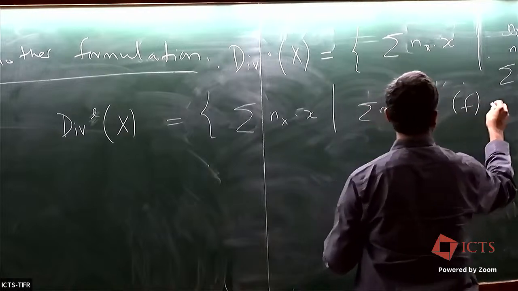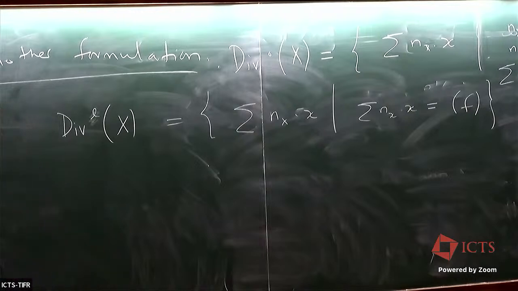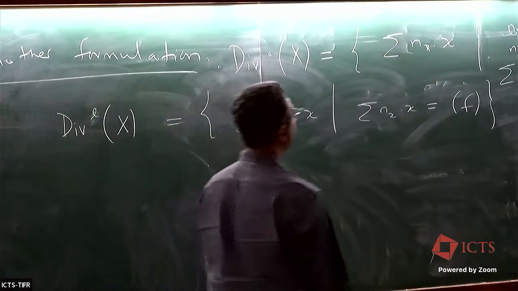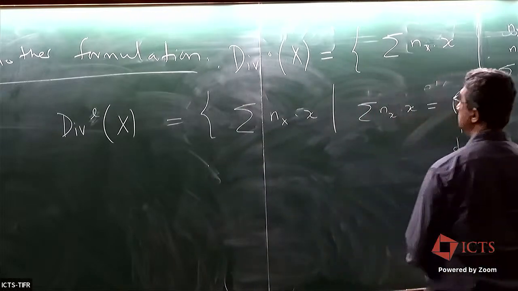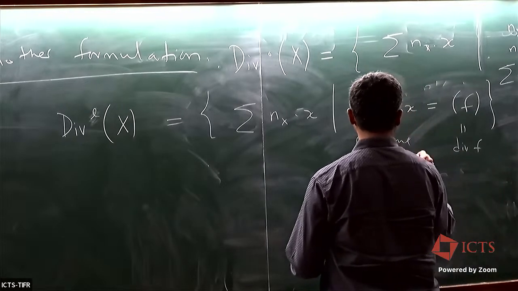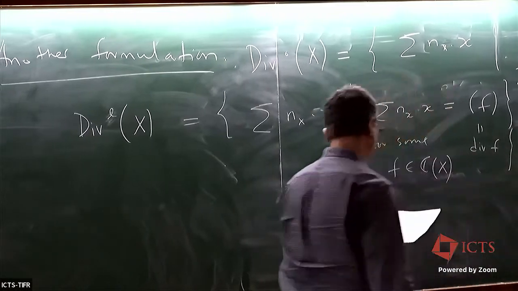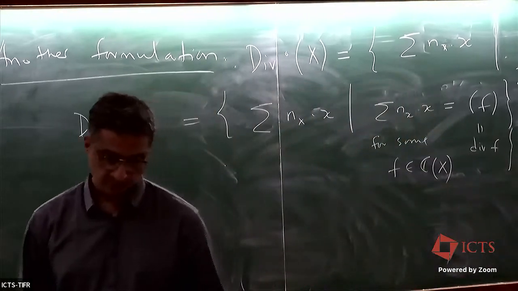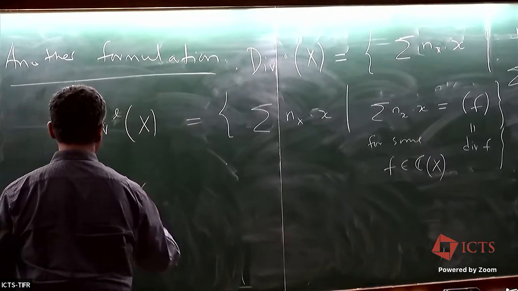Some people call these principal divisors and write this notation, which almost looks like a principal ideal. We'll write div(f), where f is a meromorphic function on X. And then the Picard group, Pic 0.